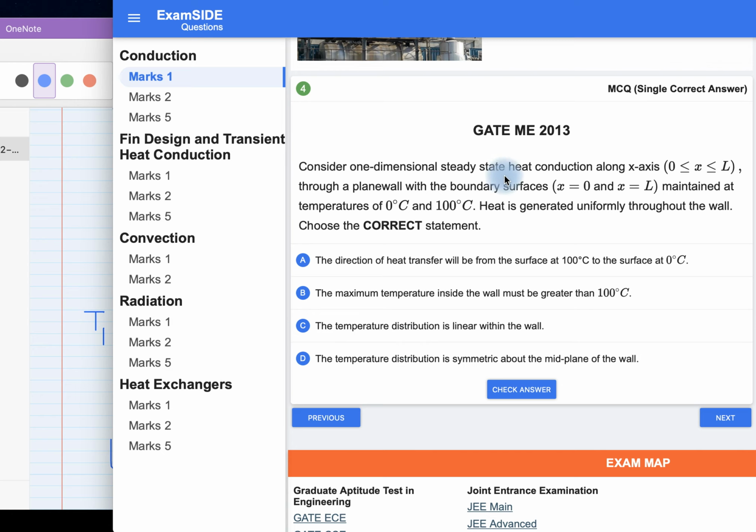Consider one-dimensional steady-state heat conduction along the x-axis through a plane wall with boundary surfaces x equal to 0 and x equal to L maintained at temperatures of 0 degrees Celsius and 100 degrees Celsius. Heat is generated uniformly throughout the wall. Choose the correct statement.